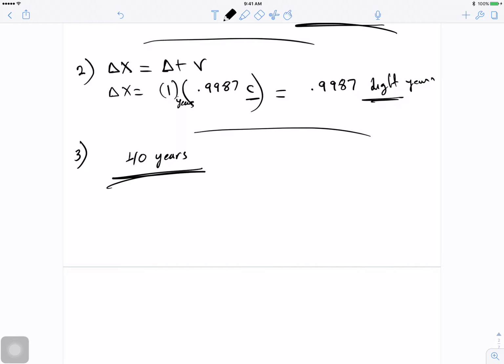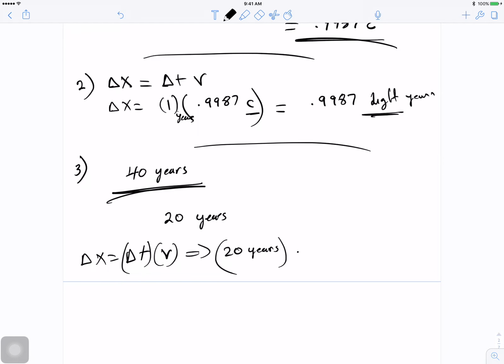So half of that in the first portion is 20 years. We do the same thing: delta x equals delta t times v. Delta t is 20 years, and the speed is the same, 0.9987 c. For this I got 19.97 light years.